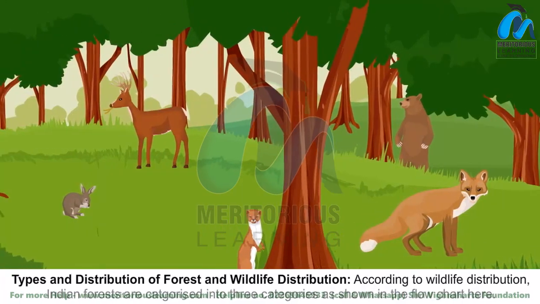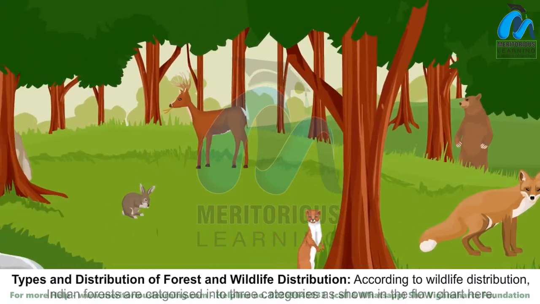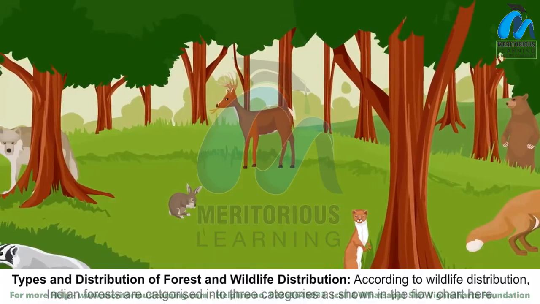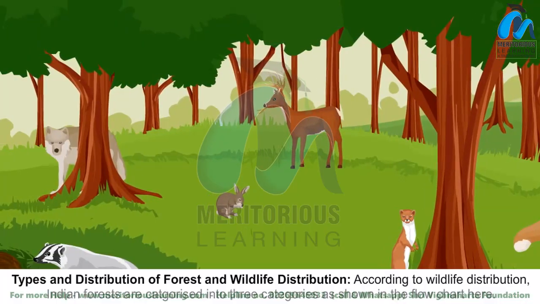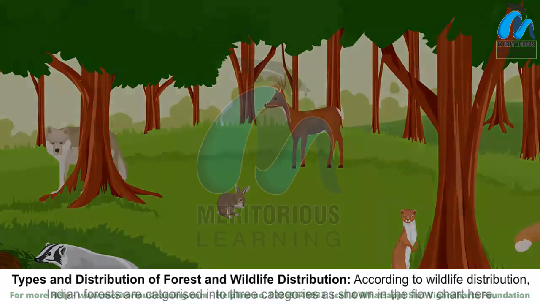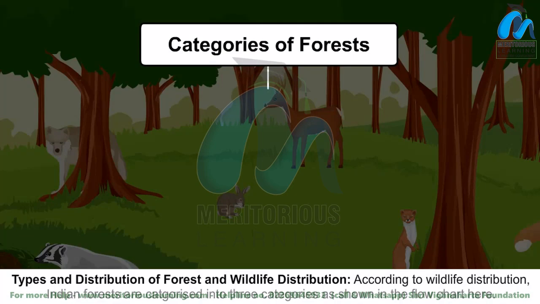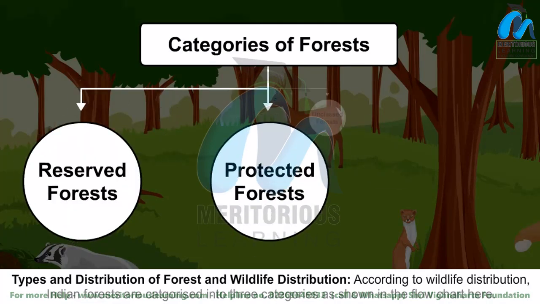Types and distributions of forest and wildlife distribution. According to wildlife distribution, Indian forests are categorized into 3 categories, as shown in the flow chart here.